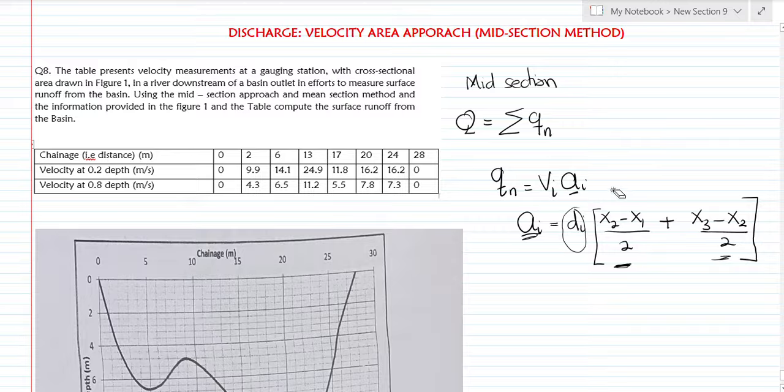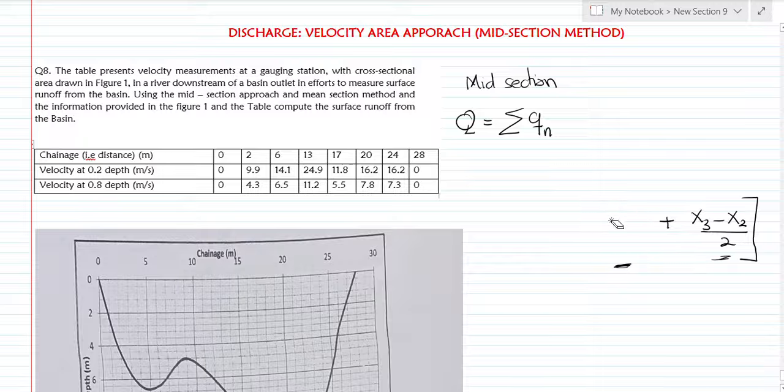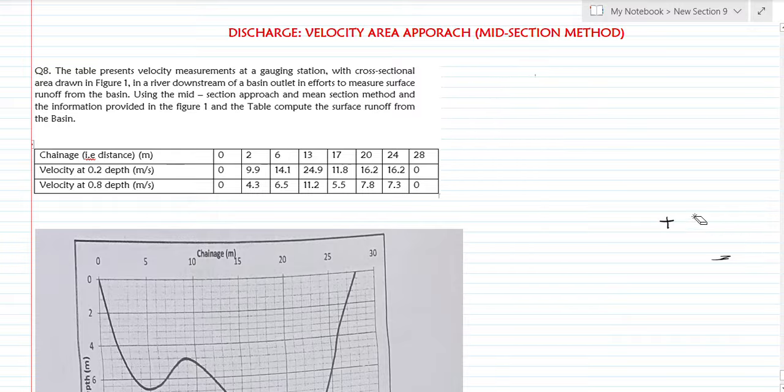Now in this question, the experiment was done at the 0.2 and 0.8 depth, using the instrument to find the velocity of the water flowing through the river. They measured at a depth of 0.2 and at a depth of 0.8. When they give you such depths, you need to find the average velocity.